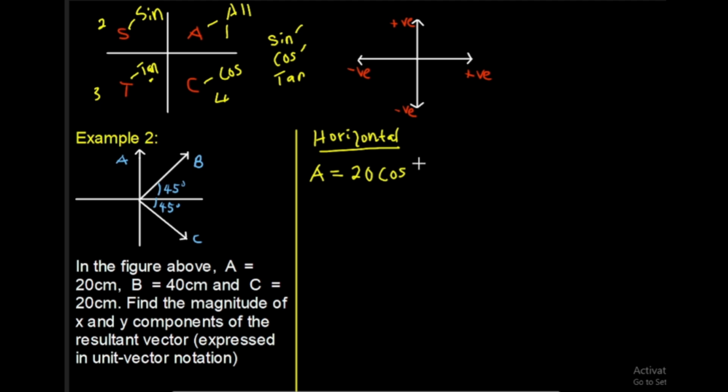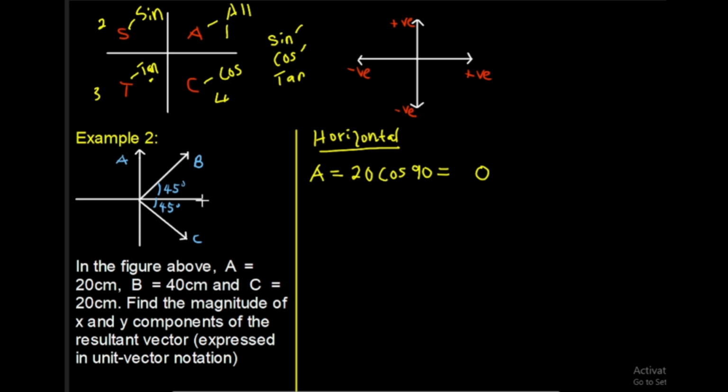So for vector A, we're going to have 20 cos 90, and that will give us 0. So that's to say vector A does not exist horizontally.